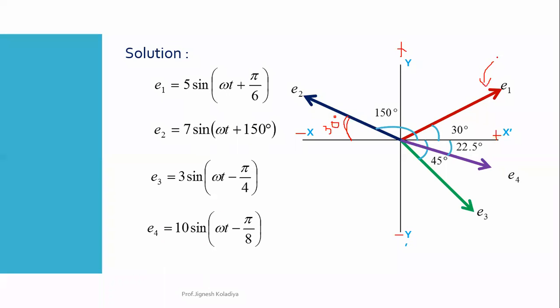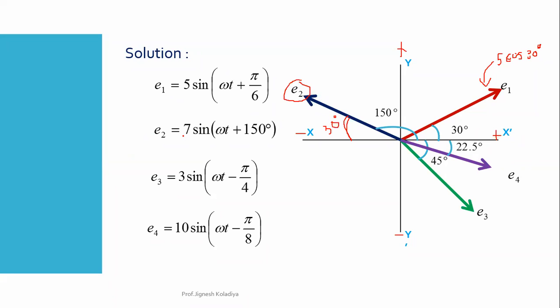Can I write like this? 5 into cos 30. Yes or no?